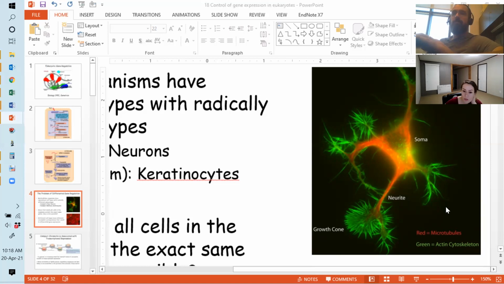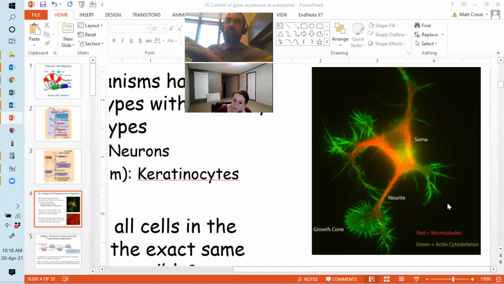And neurons are funky, funky cells. They're actually one of my favorite cells. You know, everybody has their favorite organ and cell and stuff like that. Neurons are one of my favorite cells. And essentially we have two different proteins which are labeled with different fluorophores, right?